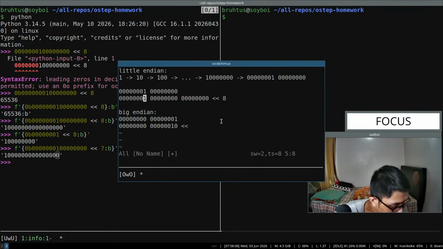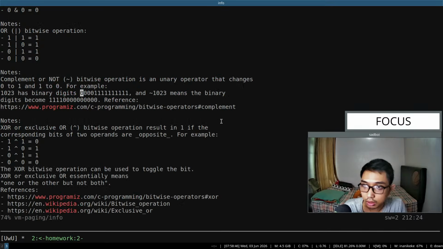Okay, if you shift 1 to the left on each platform, one position, you will get 2 on each platform. And I assume each platform in here means the endianness. Okay, so, interesting.